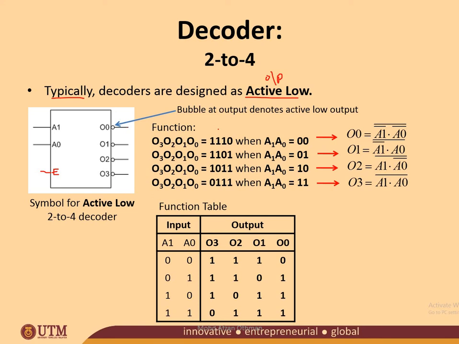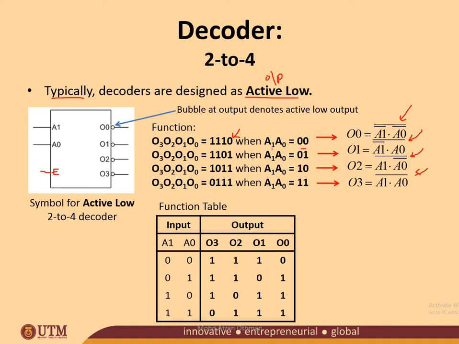Similarly to the previous active high 2 to 4 decoder, you just have additional inverted bars here. When A1 A0 equals 0 0, you have 0 at your least significant output bit.